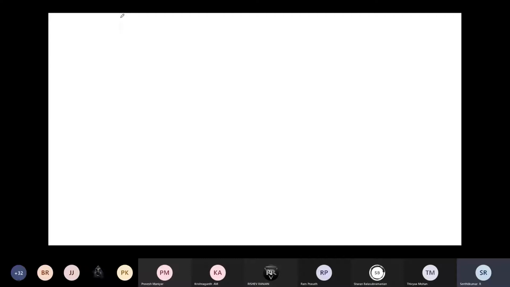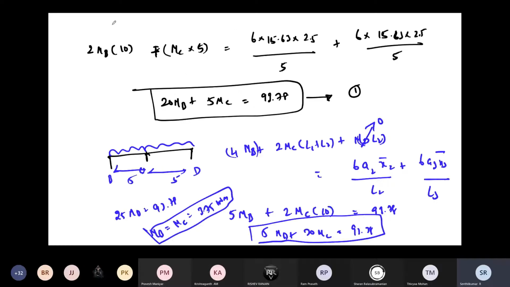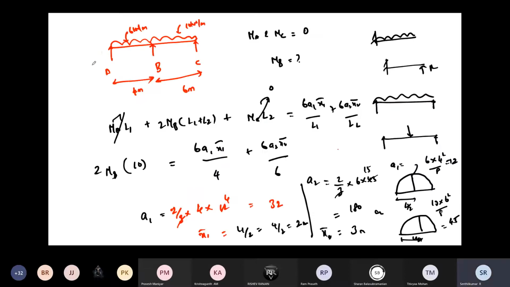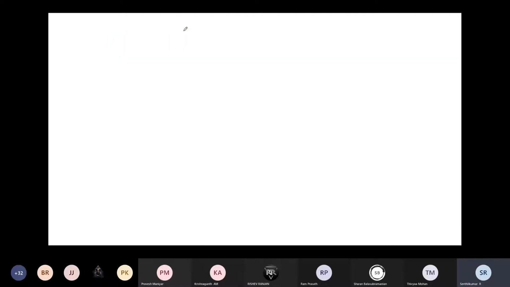Now, in the previous problems we have seen that every end is pinned. Now, instead of a pinned end, if we are having a fixed support, what will be your end moment at A and C?